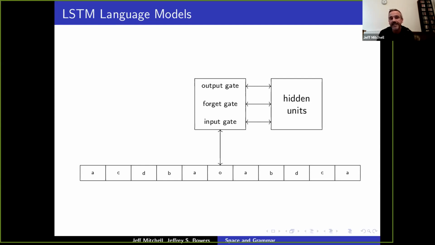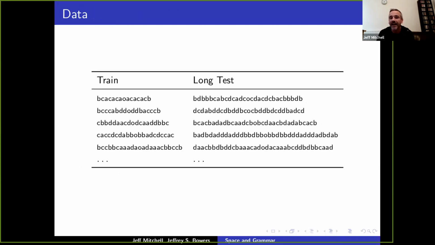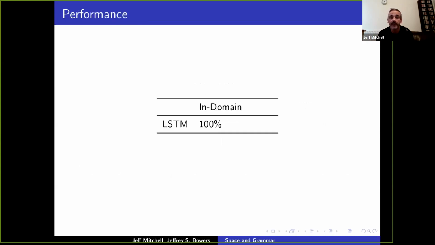So if we take this LSTM, we can train it on some language data. Here's some data from that palindrome language. We have medium length training sequences, and then we have some out of domain test with much longer range dependencies in them. If we train our LSTM on that data and test in domain, that is on sequences of the same length, we'll get 100% generalization to that in domain test set.